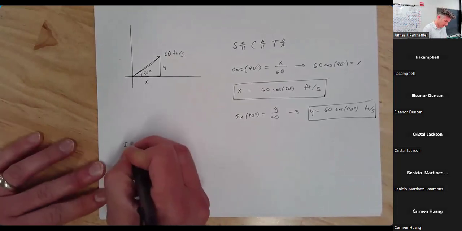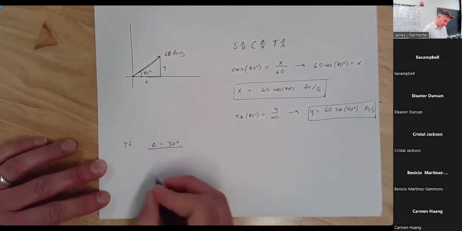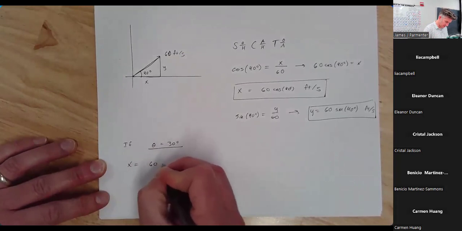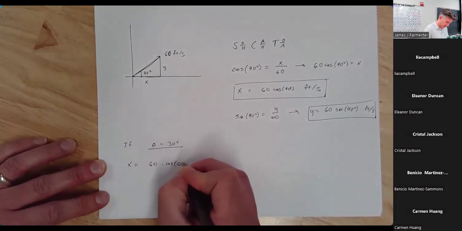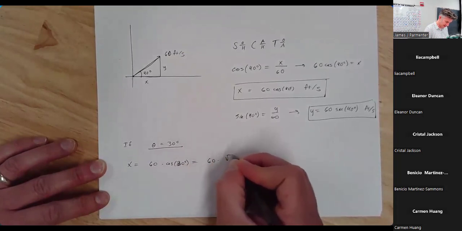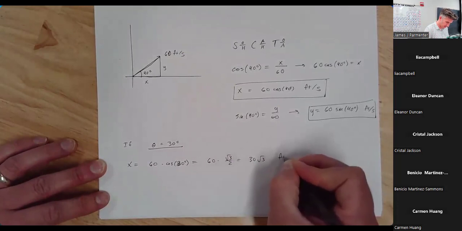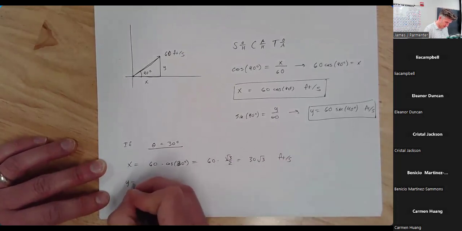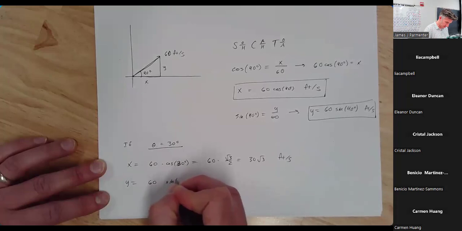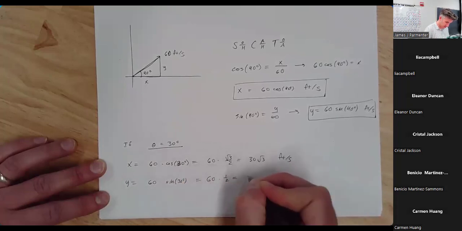Then x would be 60 times cosine of 30 degrees, which is 60 times the square root of 3 over 2, or 30 root 3 feet per second. And y would be 60 times sine of 30 degrees, which is 60 times 1/2, so 30 feet per second.